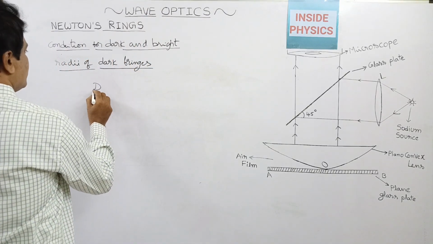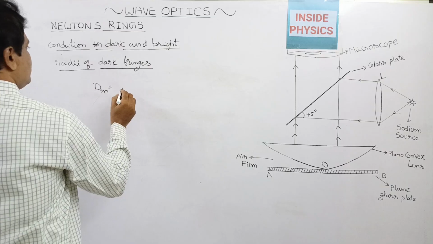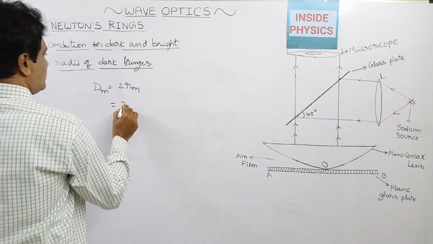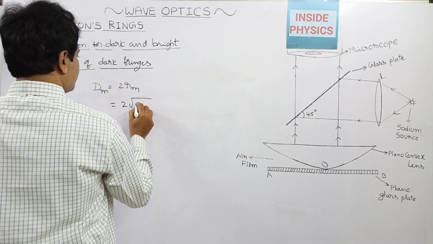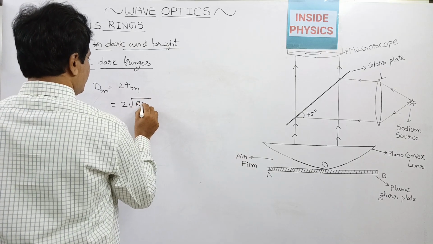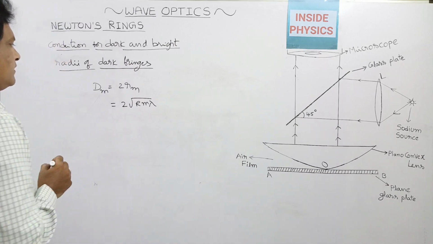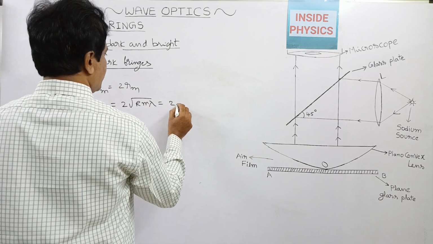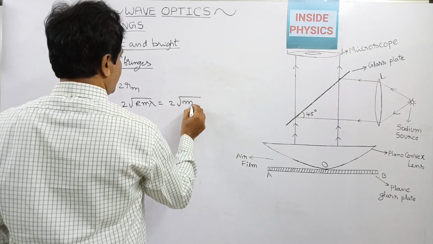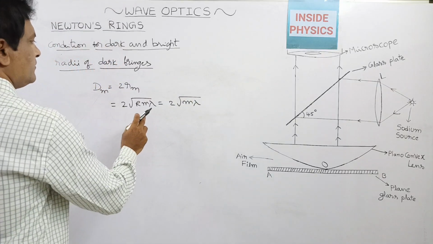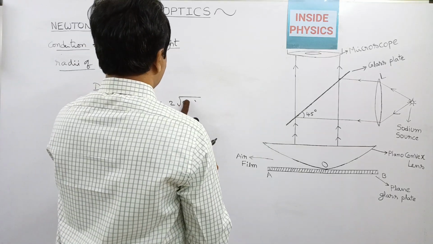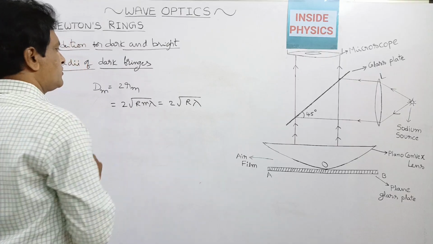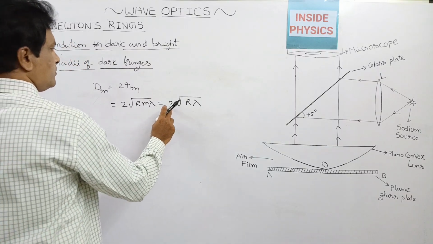So how to observe the fringe spacing? Here we know Dm is 2Rm, that means 2 into root of m R lambda. If you take the first order, where m becomes 1, this is 2 into root of R lambda.